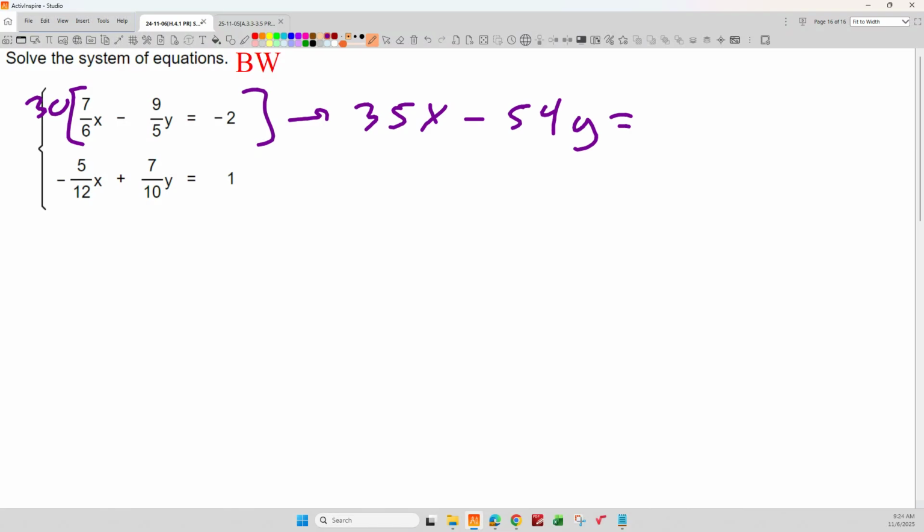And on the other side? Negative 60. Okay, on the bottom, what am I going to multiply by? Yeah, 60, right? The smallest number that both 12 and 10 divide into is 60. Okay, anyway, you got the idea. Assignment's up there. Have at it.